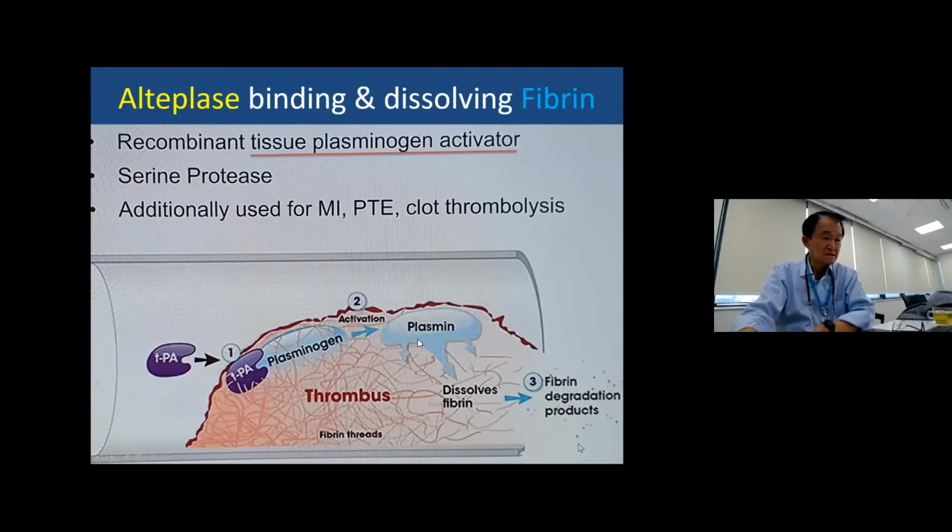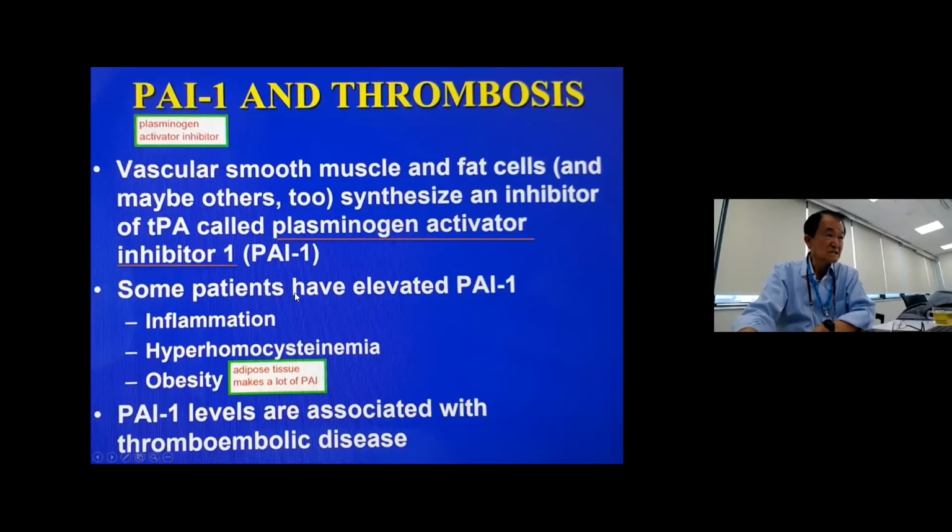Again, this is a way to treat a very acute early arterial thrombosis. Some patients have elevated plasminogen activator inhibitor 1, and that's with inflammation and then some obesity, hyperhomocysteinemia, that kind of thing.